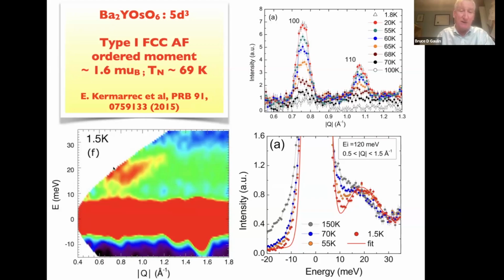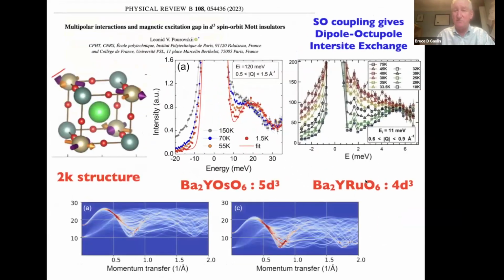And you can see pretty clearly that there's easy to observe inelastic scattering, but it's gapped, at least at low temperatures. And the gap is actually pretty big. It's at 17 MeV. And so this was definitely unexpected. And we really didn't know what to do with this so much.